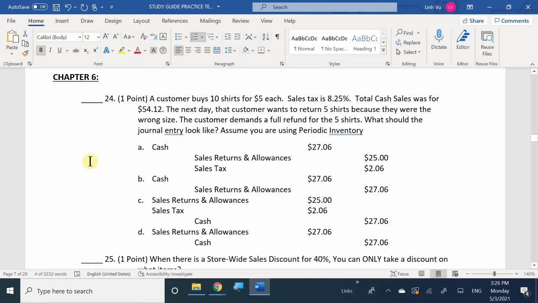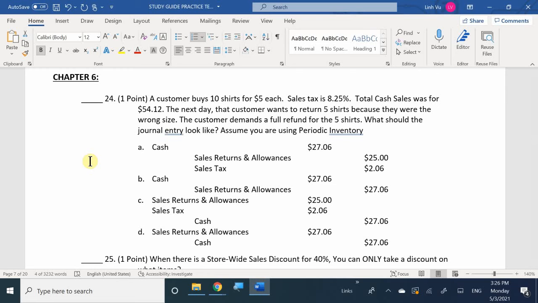I want to say A, but remember, we're journalizing the return. Return 5 shirts at $5 each. That'd be $25. Oh, C. Then you got tax.